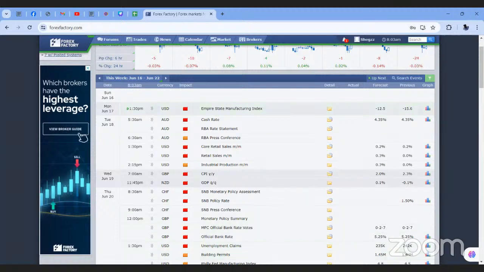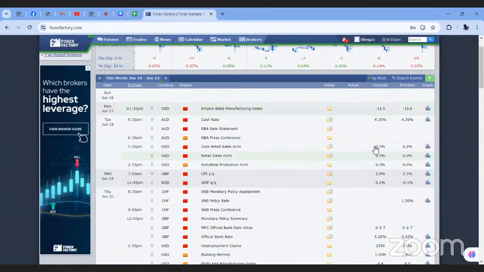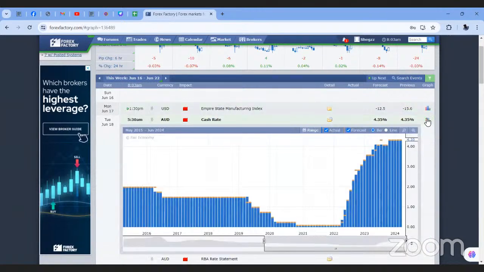For example, if I click on the graph again and we look back at history, oh sorry, this one is the Empire State. So let's go to AUD on this one. If you look at history, in 2017, 2018, the rate was constant all through. But when it got to this level, around May 2019, suddenly there was a drop by June, which means the thing can just drop.